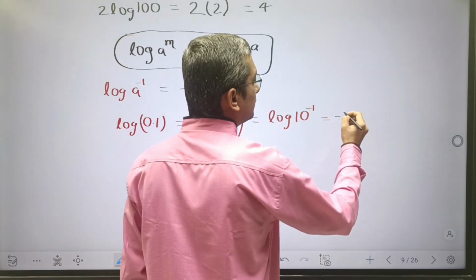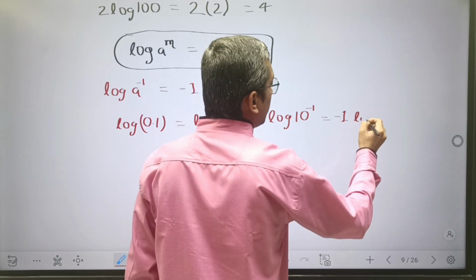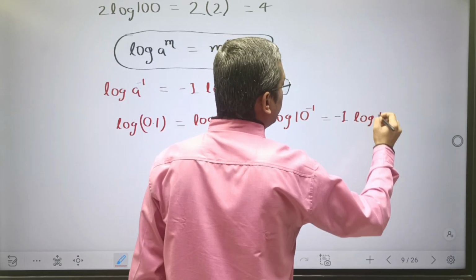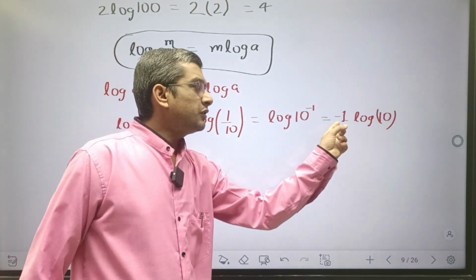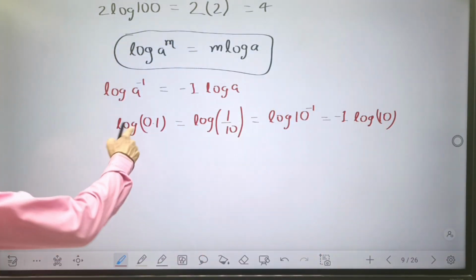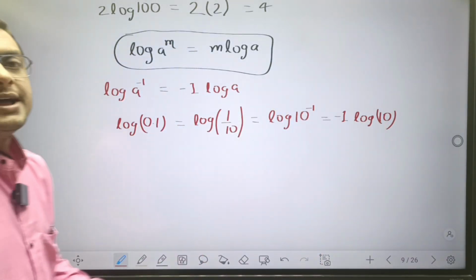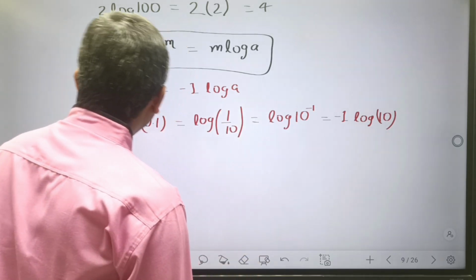So the power comes before the log and the answer is minus 1 into log 10. Whatever log 10 comes to, it will come with a minus sign. That is the value of log 0.1.